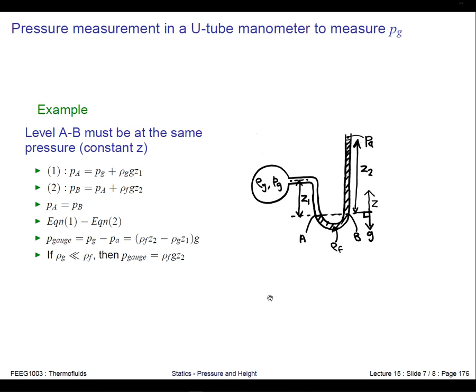Typically the density of a liquid is maybe 1,000 times the density of a gas, so without very much approximation, you can say that the gauge pressure, effectively the pressure in here, is just related to the height of this liquid. So this is your Z2. That's typically how a pressure measurement would be done in a U-tube manometer.